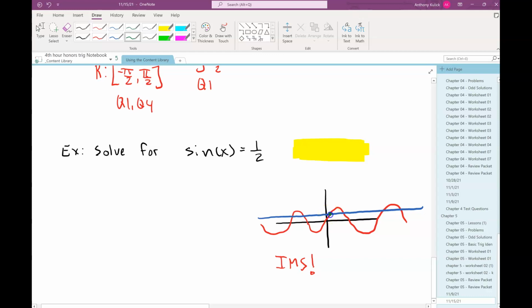So if I talk about this solution right here, and this solution over here, what do you notice about those two solutions? Zach? X values, like they're in different spots on the x-axis. Okay, they are in different spots on the x-axis. Sure. They're one period apart.